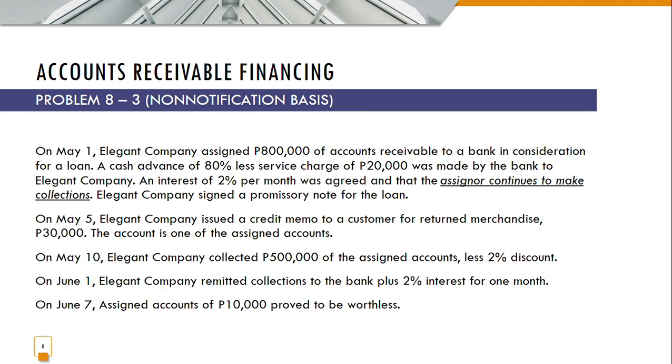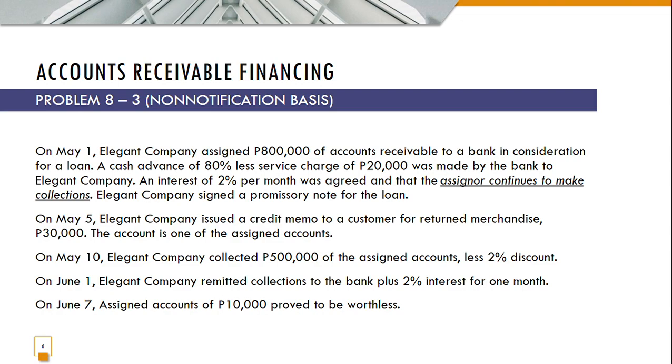On May 5, Elegant Company issued a credit memo to a customer for returned merchandise of 30,000 pesos. The account is one of the assigned accounts. On May 10, Elegant Company collected 500,000 of the assigned accounts, less 2% discount. On June 1, Elegant Company remitted collections to the bank plus 2% for 1 month.